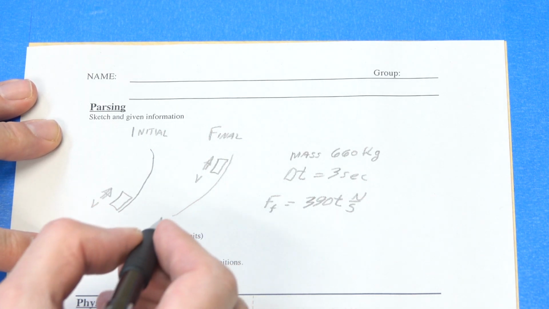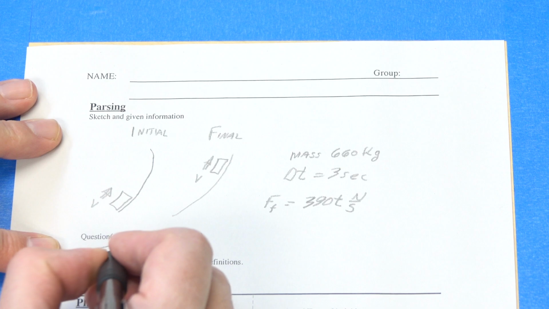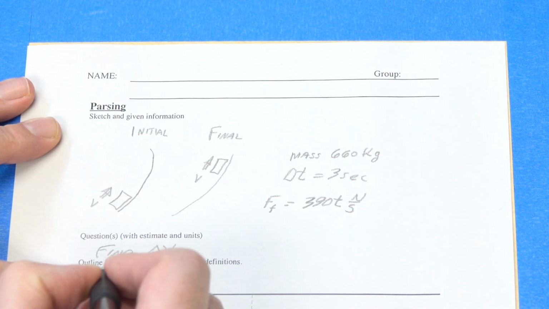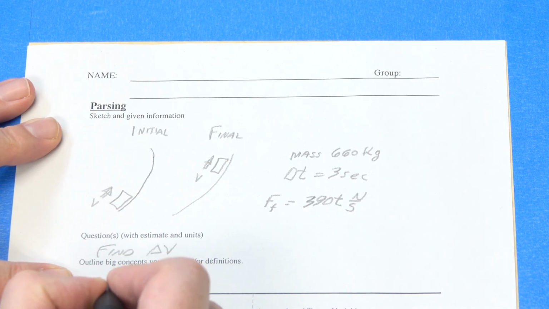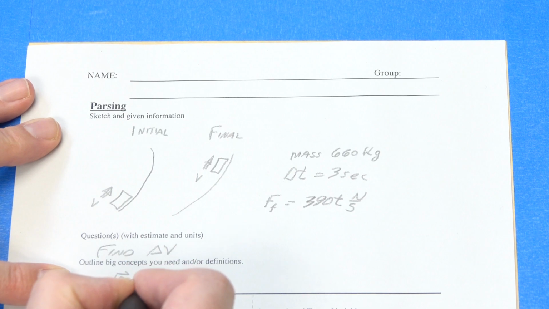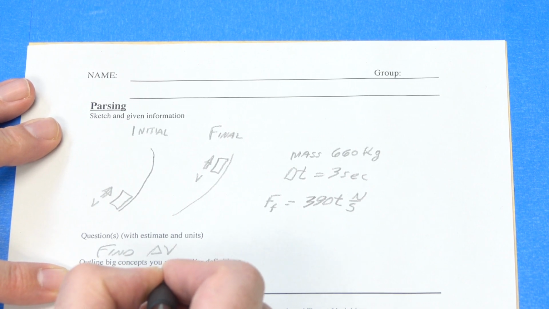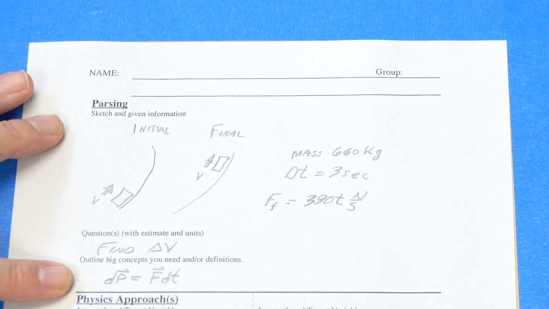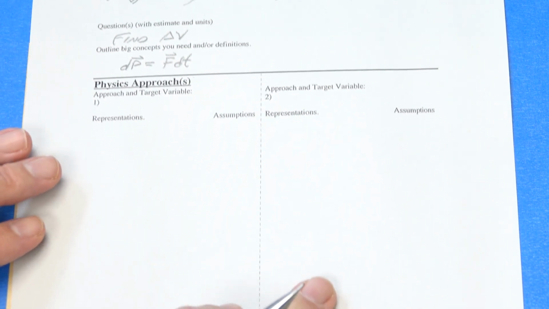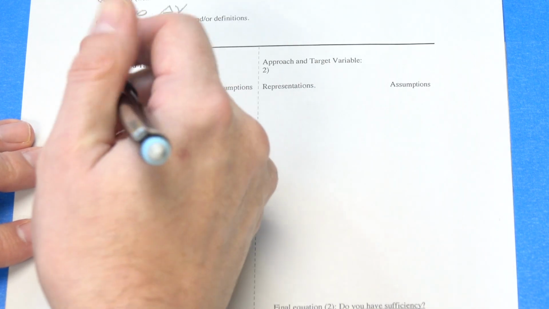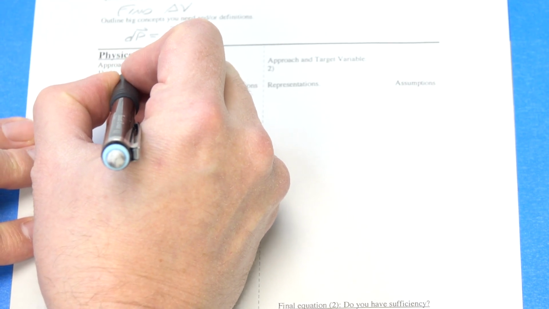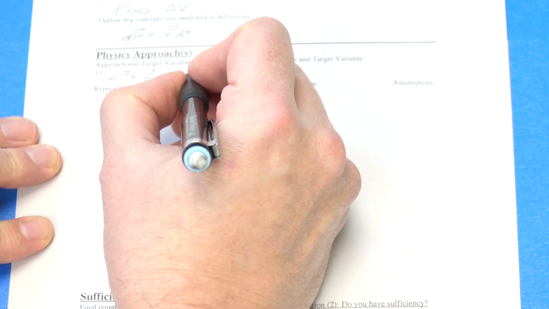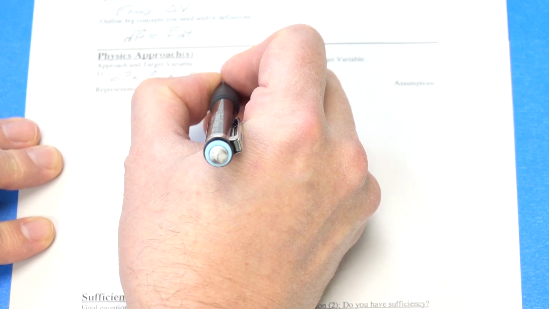Our question is, we want to find delta v, and we want to use dp is equal to f dt as our starting point. So our approach is dp equals f dt, and our system is going to be the car.